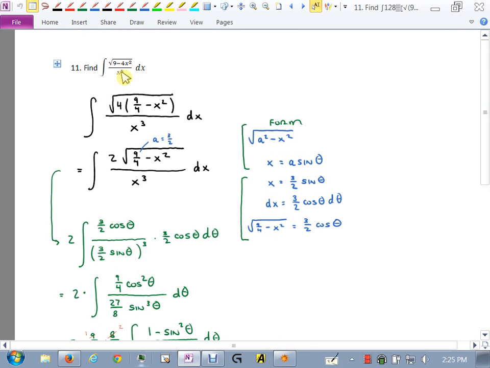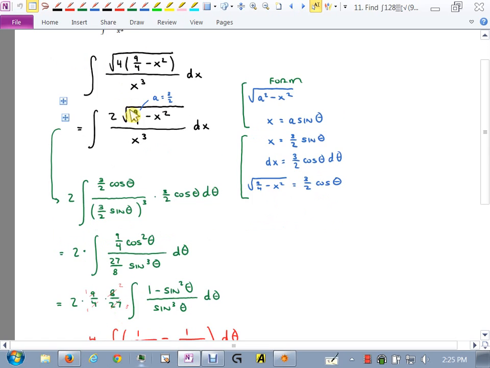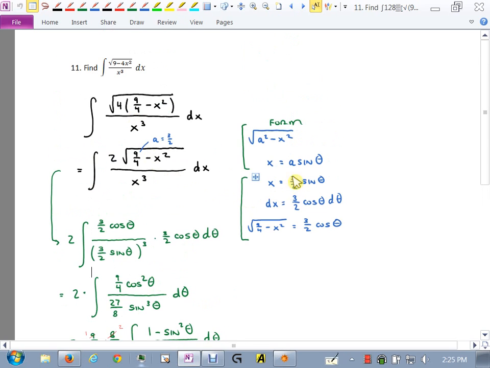Very innocent looking thing, right? So this is the work for it. You'll see some stuff in here that's going to look familiar, like from pre-cal, sine, cosine. Look at this right here. What is the derivative of 3/2 sine theta?